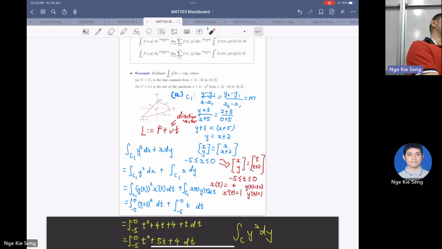The integral might give you the resultant area. I mean, difference of area, the difference of area of positive and negative, because you split into the orientation.